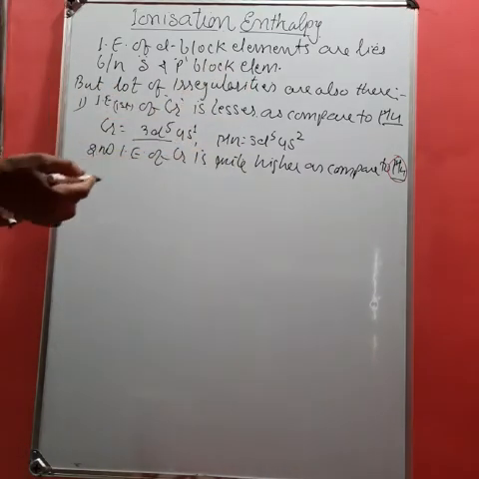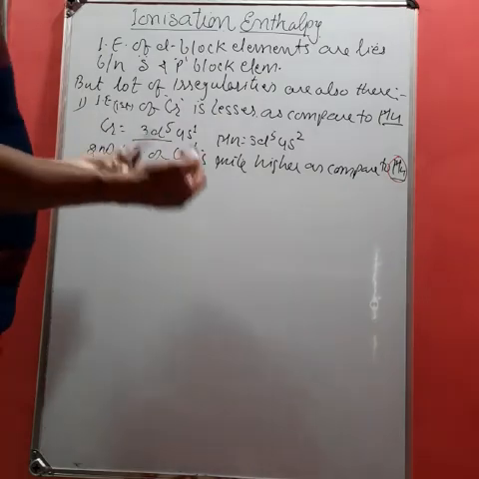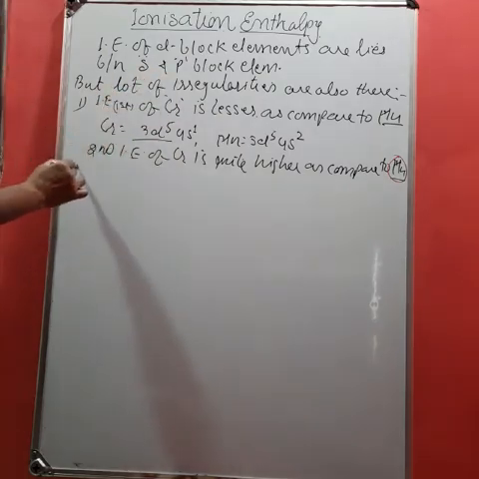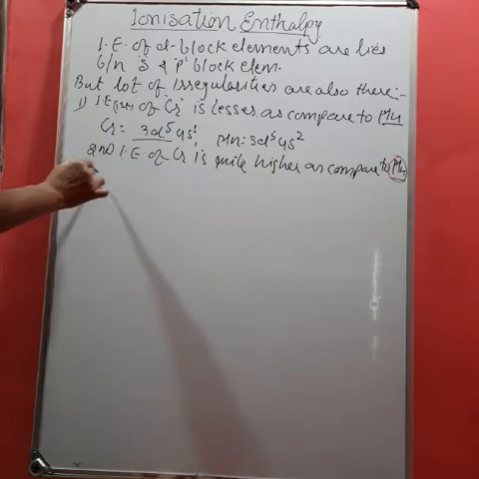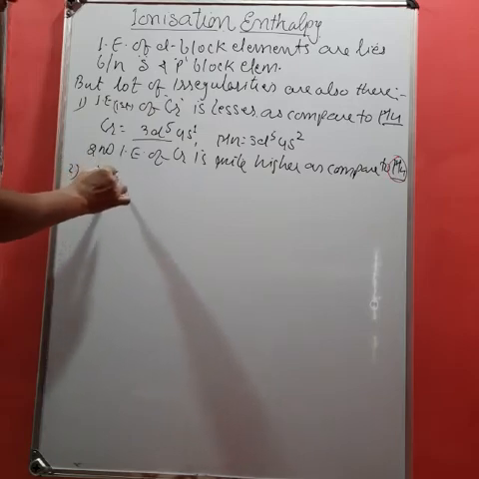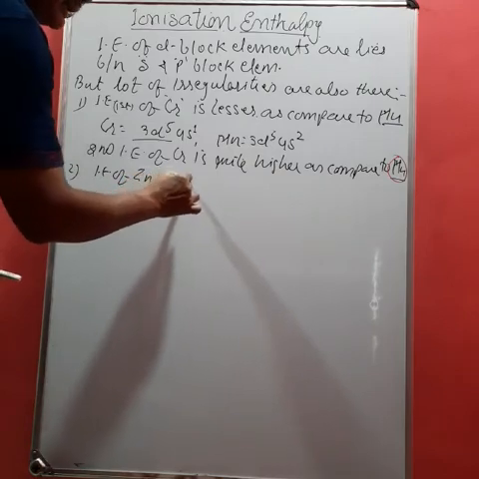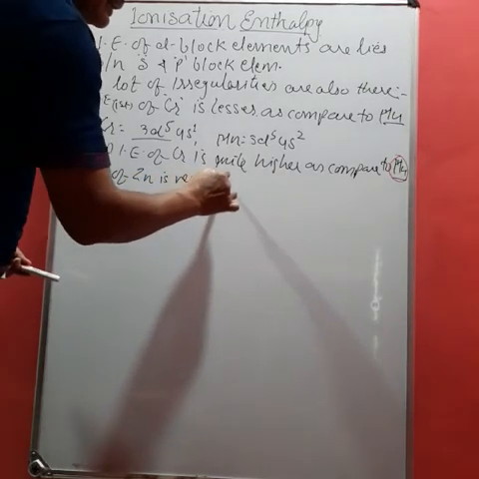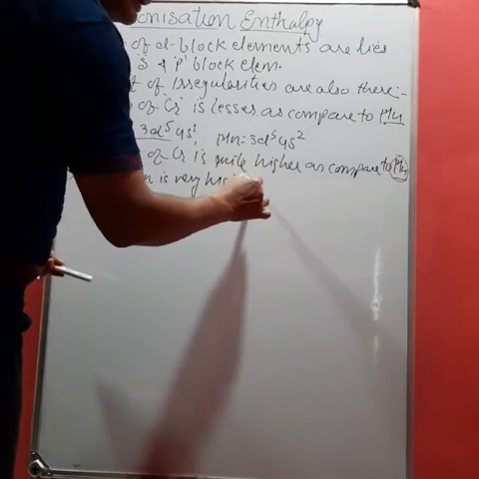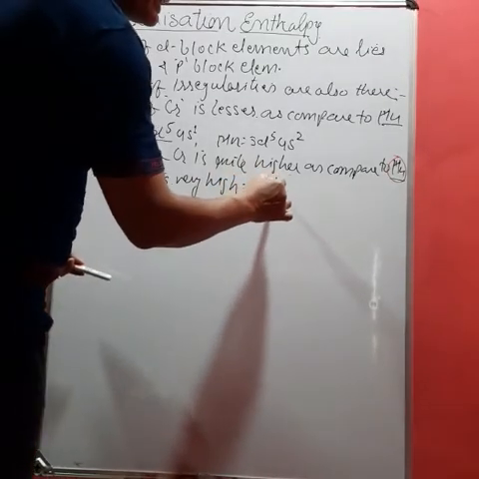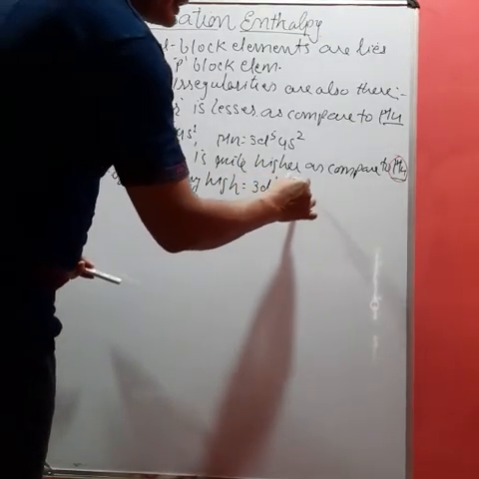Similarly, we will observe some very different trends, like here, number 2: the ionization enthalpy of Zn is very high in the 3d series. Very high. Now, why? Because its configuration is 3d10 and 4s2.